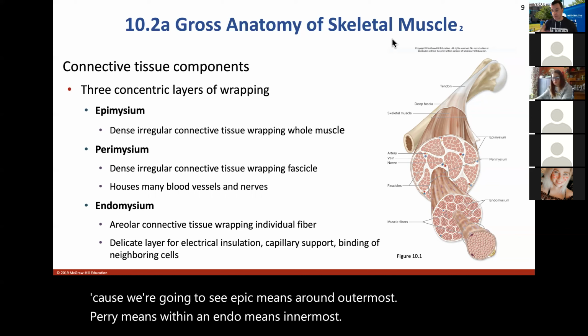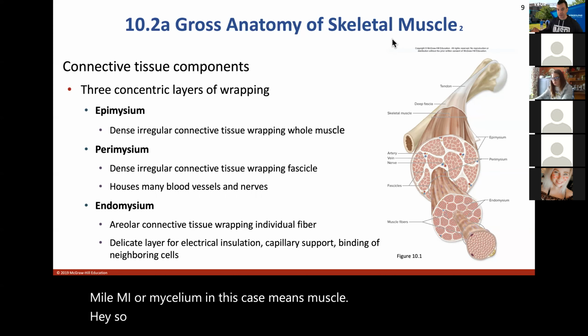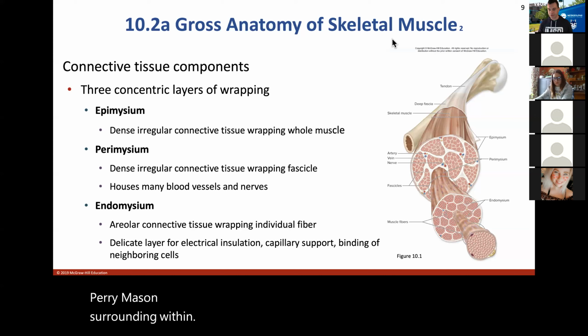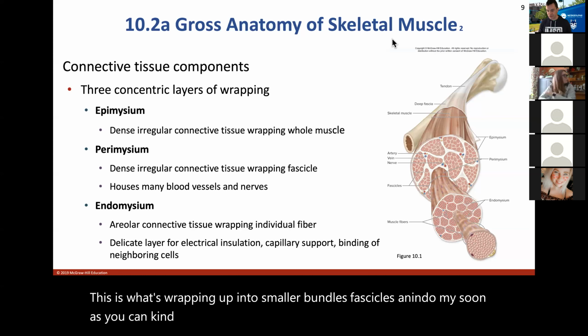Myo, M-Y-O, or mysium in this case, means muscle. Okay? So epimysium is the outer lining of muscle. Perimysium, surrounding within. This is what's wrapping up into smaller bundles, fascicles. And endomysium, as you can kind of see, surrounds that individual muscle fiber.